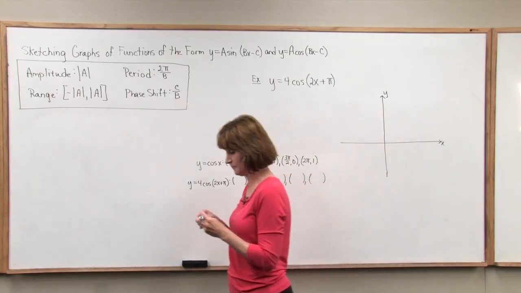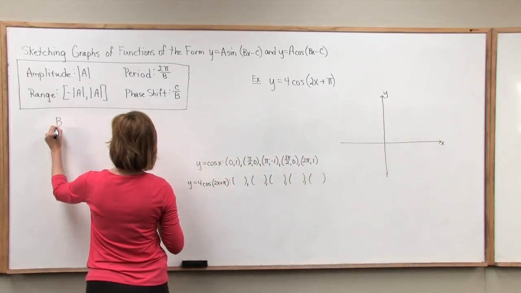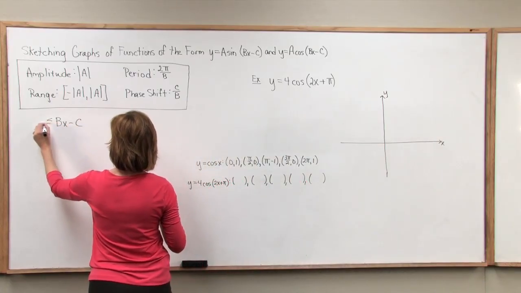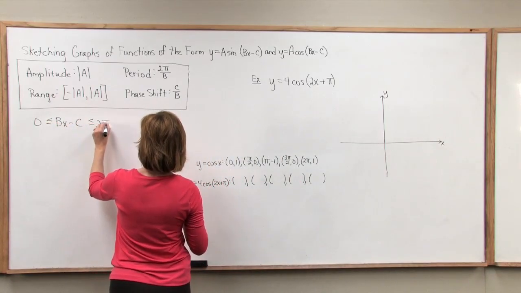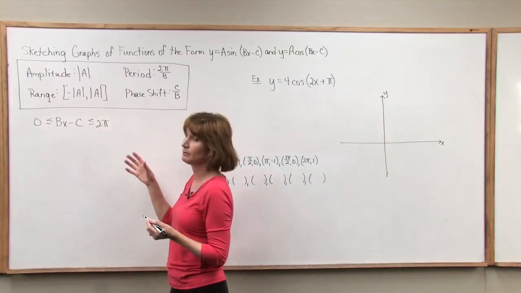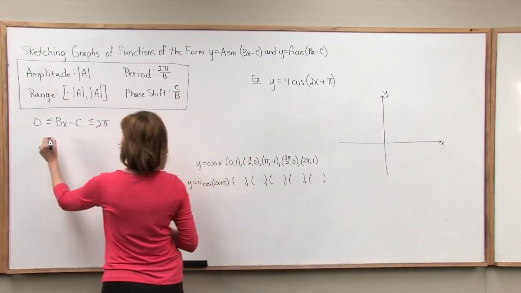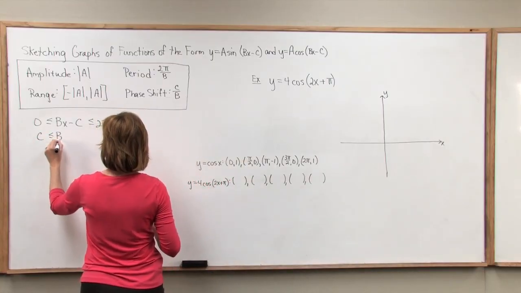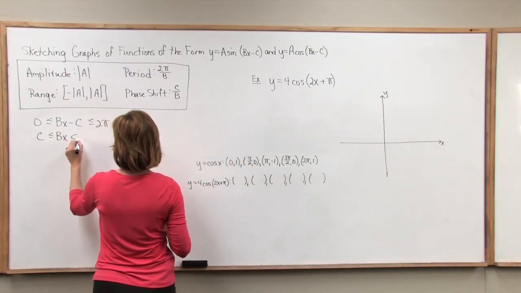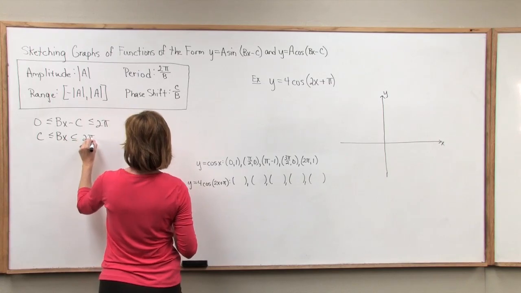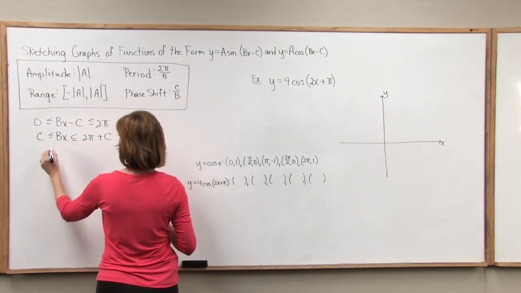So let's set that up. So we have bx minus c between 0 and 2 pi, and we've made b positive, remember, by even-odd properties if we need to. Now we're going to solve this for x. So let's add c to both sides, and divide by b.